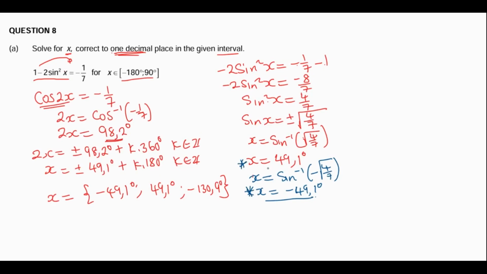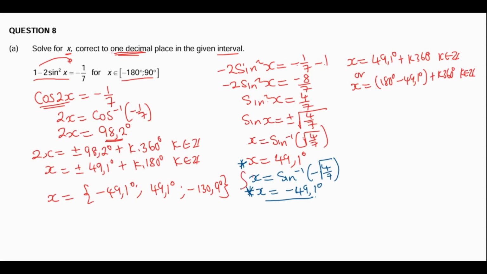Remember, for sine x, the first one from this one, we're going to have x is equal to 49.1 degrees plus k times 360, where k is an integer. Or we can have x is equal to 180 degrees minus 49.1 degrees, plus k times 360 degrees, where k is an integer.